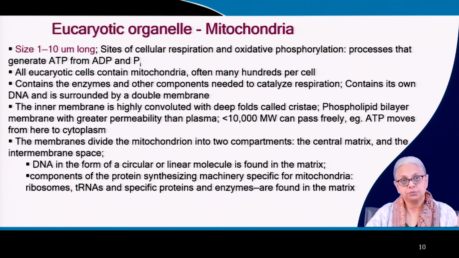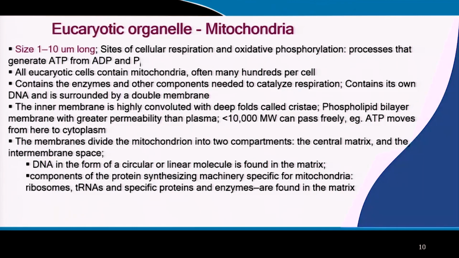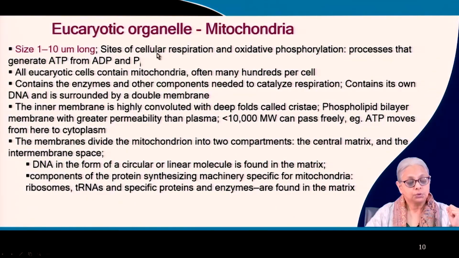These are long words which you don't really understand at this point unless you have studied some of this, but we will be covering this in detail in module 9. So cellular respiration and oxidative phosphorylation is what helps any of these eukaryotes to generate ATP from ADP and phosphate. So adenosine triphosphate is generated when adenosine diphosphate combines with another phosphate to form ATP.